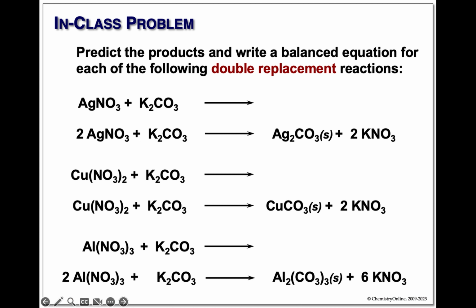Oh, I'm sorry, this also gave us 6 nitrates, so we need 6 of these guys. Carbonates. We need 3 of them here. That gives us 6 potassium, 6 potassium, 2 aluminum, 2 aluminum. I think that's it.